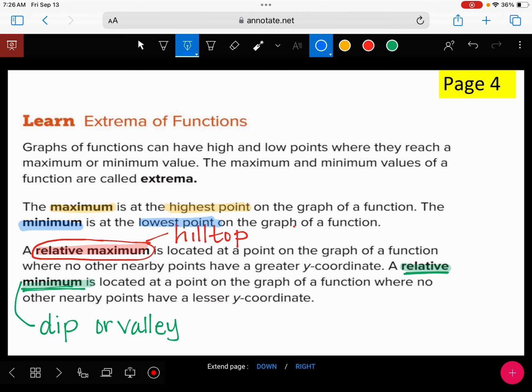Okay. So we're going to look at some graphs and identify maxes, mins, relative maxes, and relative mins. And this is called the extrema of functions.